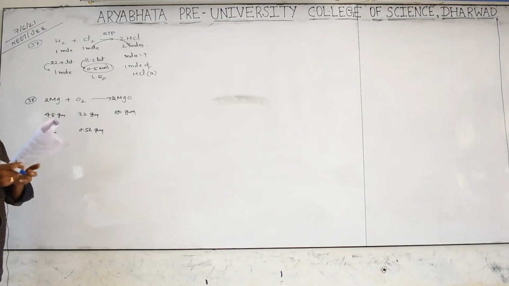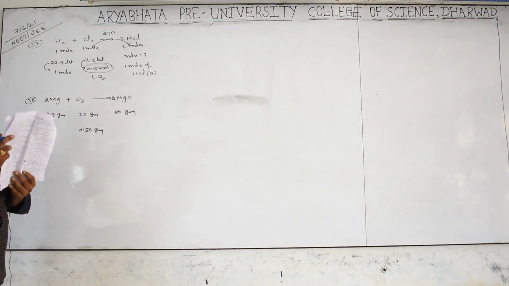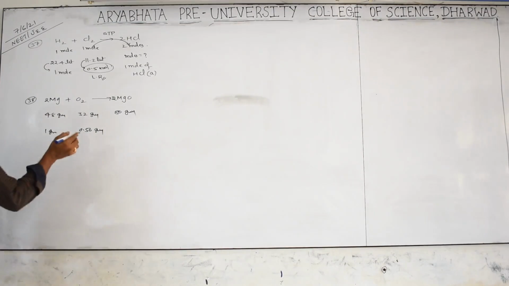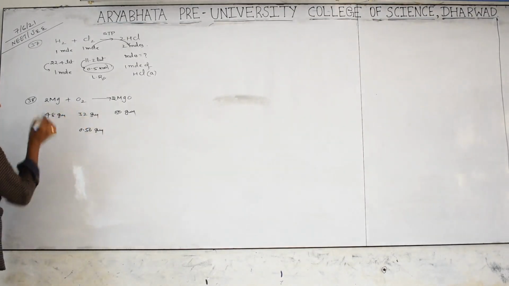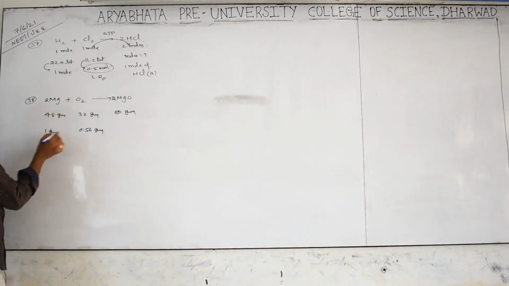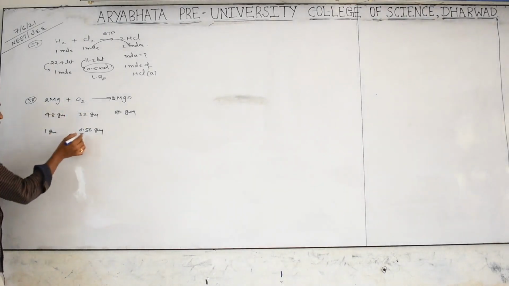Just once you see this: 1 gram of magnesium burned with 0.56 grams of oxygen in a closed container, which will be left in excess? If you take 32 grams, it requires 48, so that is the excess reagent.